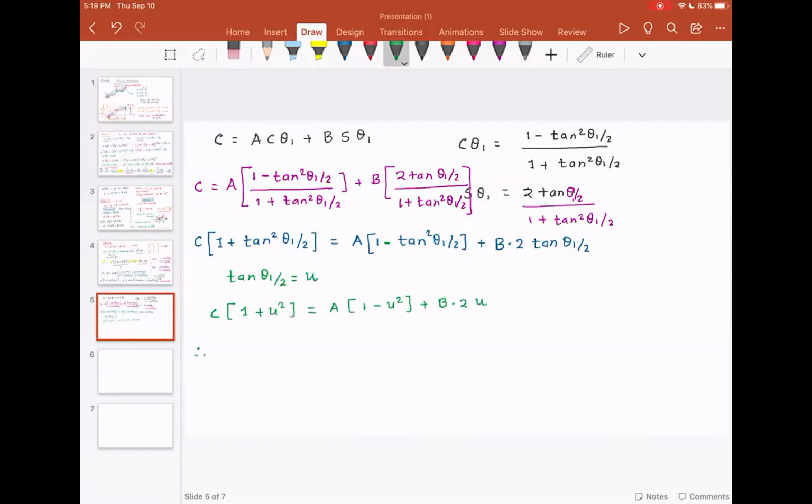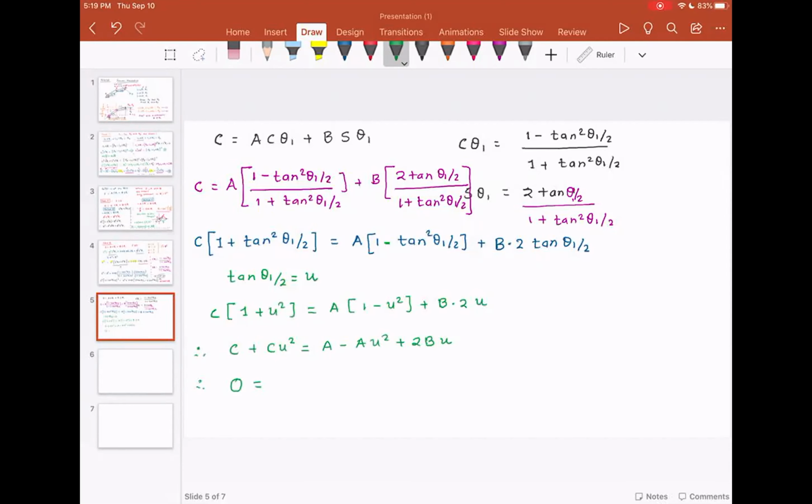Expanding this, I have c plus cu square is equal to A minus Au square plus 2Bu. This equation can be easily written as, on the left hand side, I have a big 0.